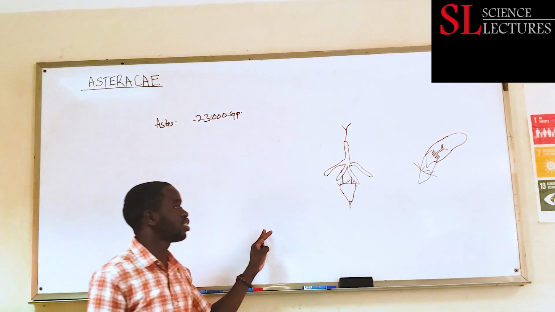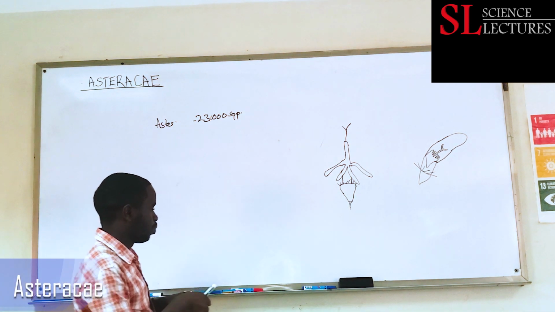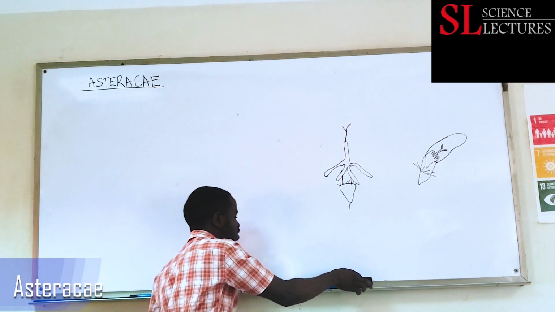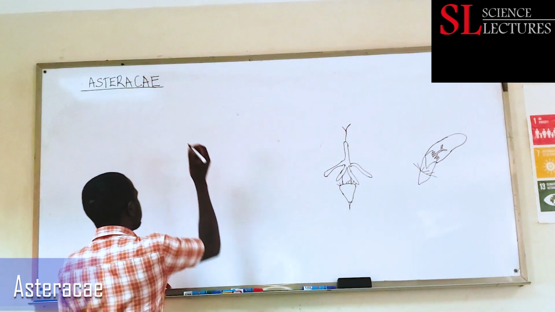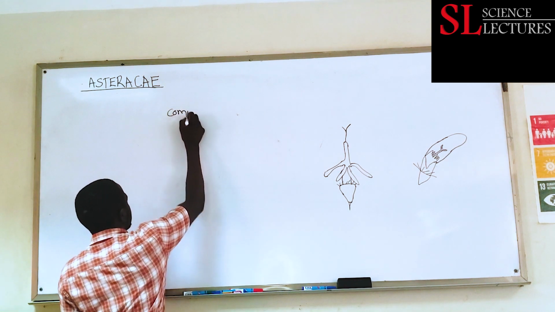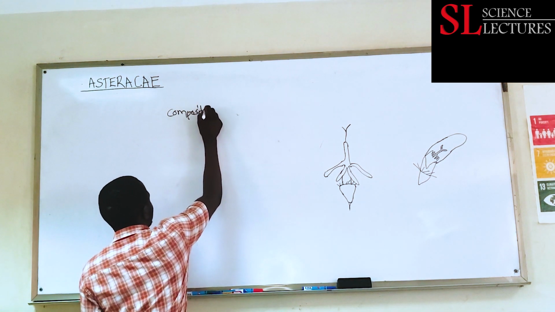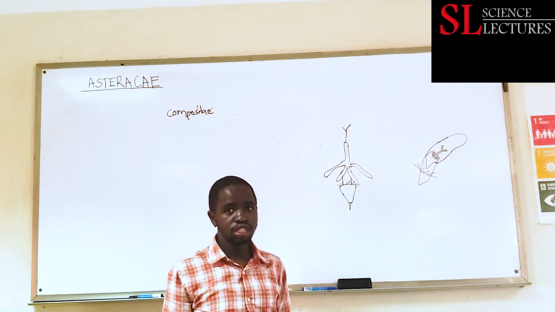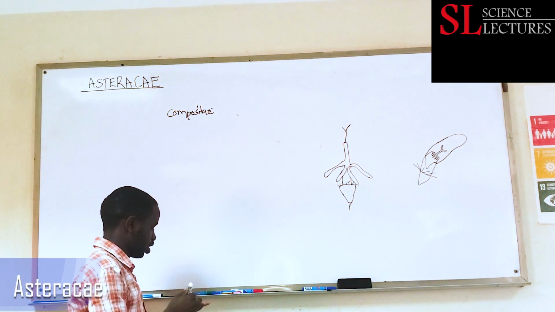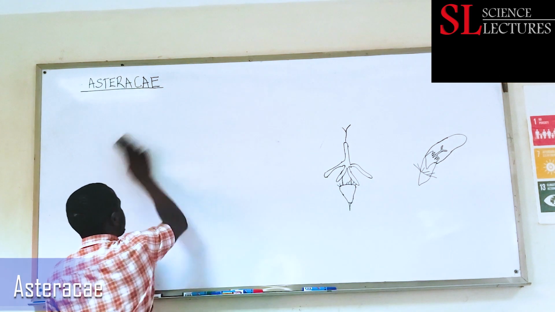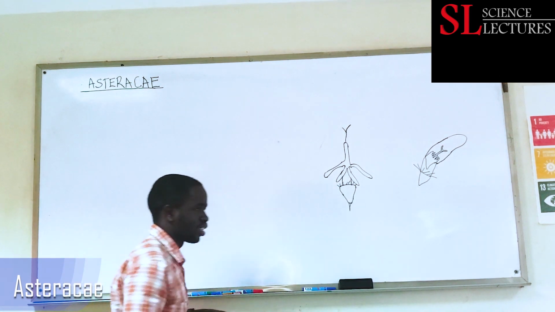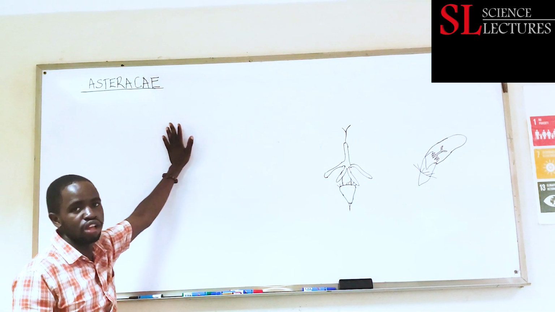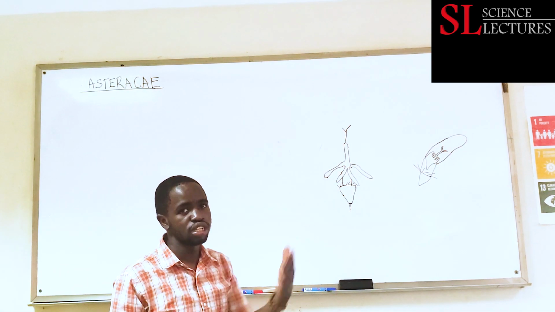So it is the largest family amongst the flowering plants, and it derives its name from the largest genus, which is Aster. It was formerly called Compositae, but with the new APG, the name was changed to Asteraceae. It is also known as the sunflower family, because this is where we shall see the sunflowers.